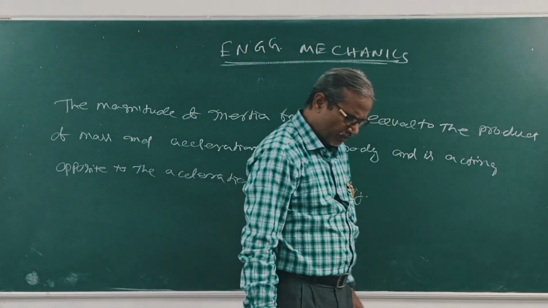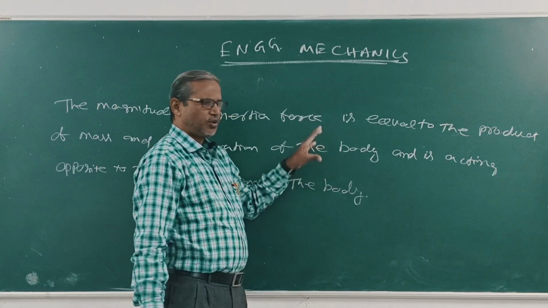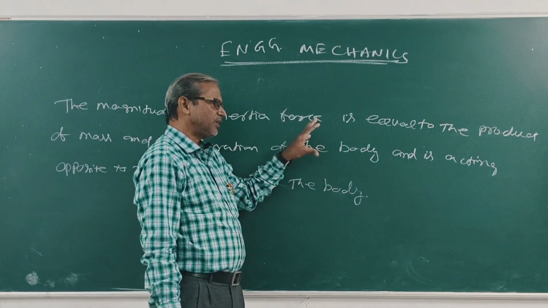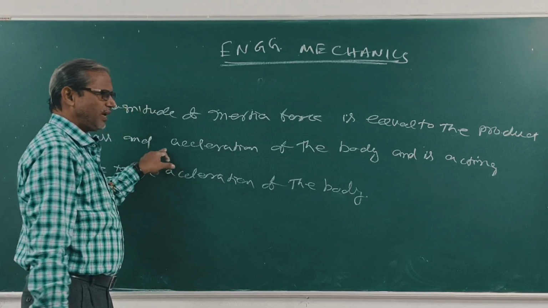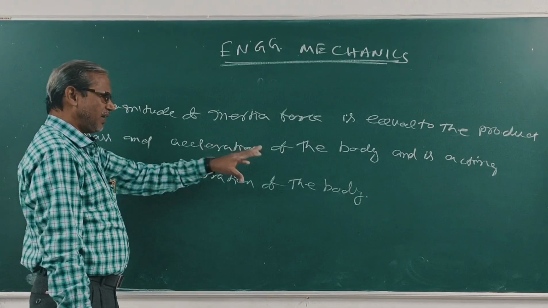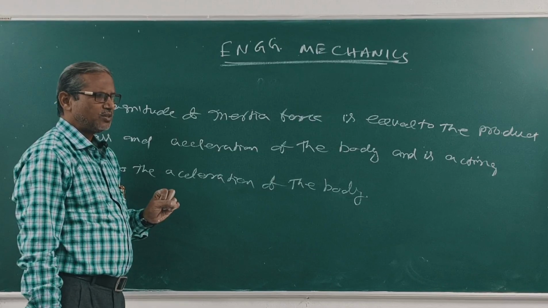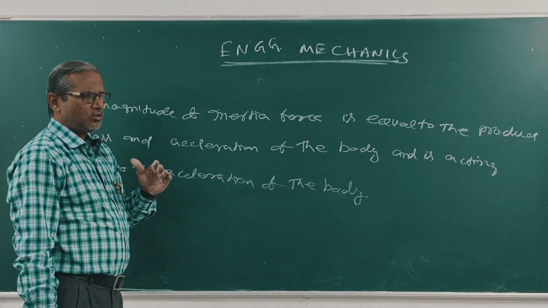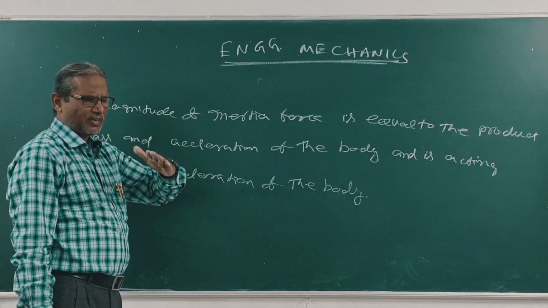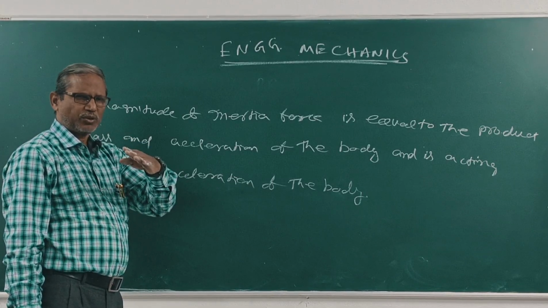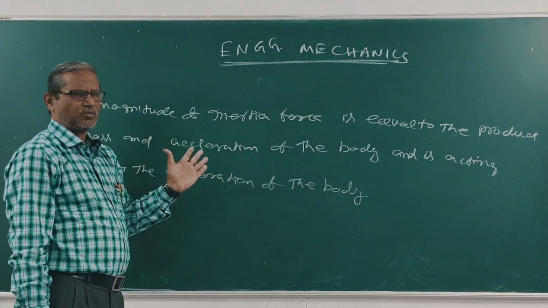Right? Now, the force ma is called inertia force. Its magnitude is equal to the mass of the body times its acceleration, and is acting opposite to the acceleration of the body. Clear? So, in which direction is the acceleration acting? The acceleration is always acting in the direction of motion of the body, and the inertia force is acting opposite to the acceleration of the body.